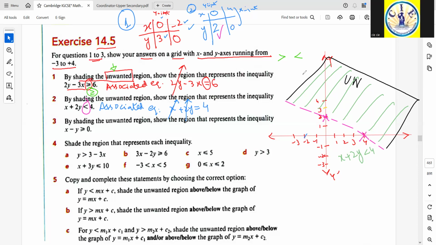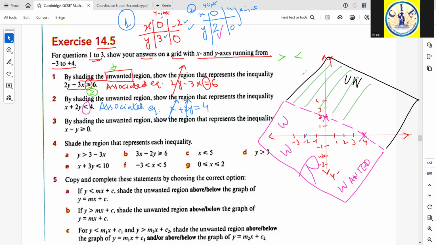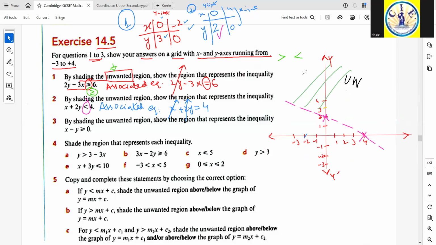Okay. In the same way, exactly in the same way, we need to do question number 3. I haven't erased the associated equation part and the table so that you can compare these solutions as well.